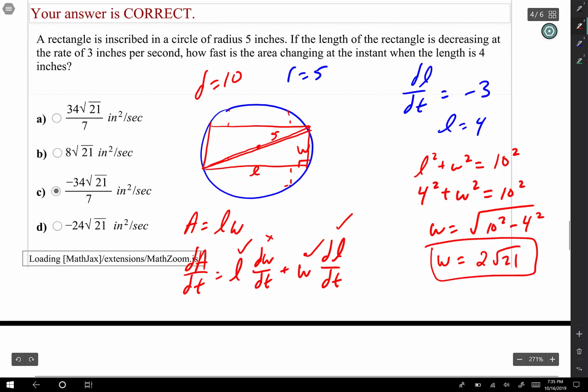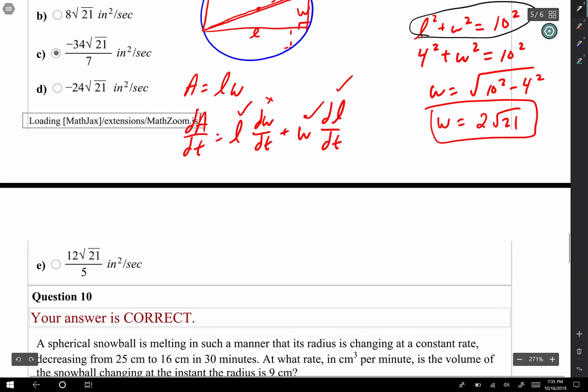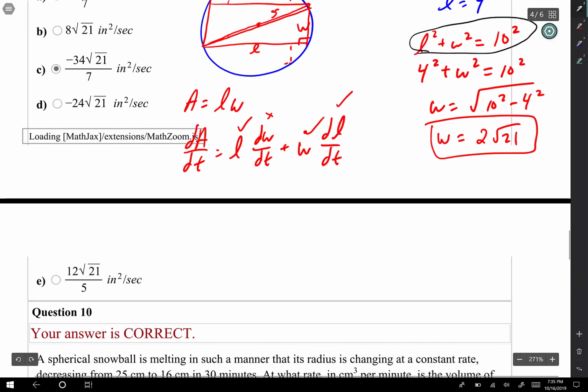All right, so now I have W. Now I'm still missing dW/dt. So I'm going to get dW/dt by, again, doing the Pythagorean theorem, but this time I'm going to take a derivative. So if it's okay with you guys, I'm going to do it right here. I'm going to write 2L dL/dt, I'm taking a derivative, guys, plus 2W dW/dt equals 0.